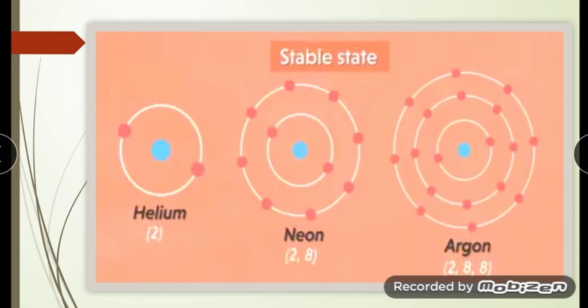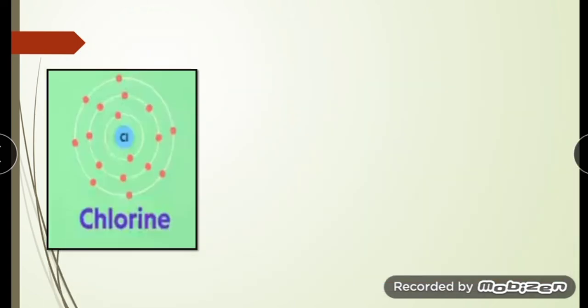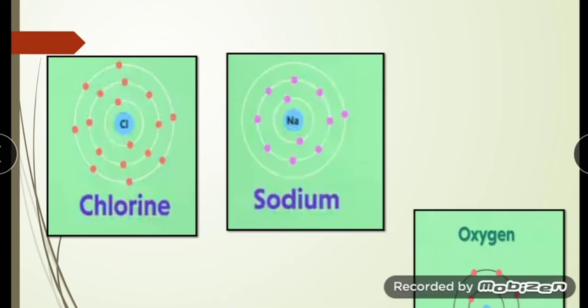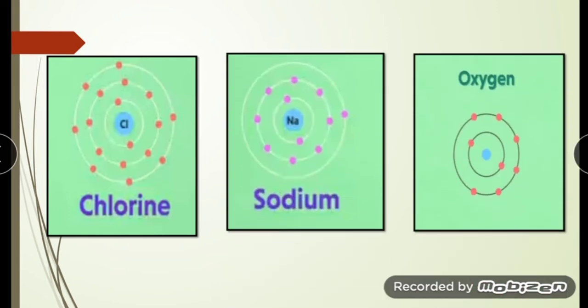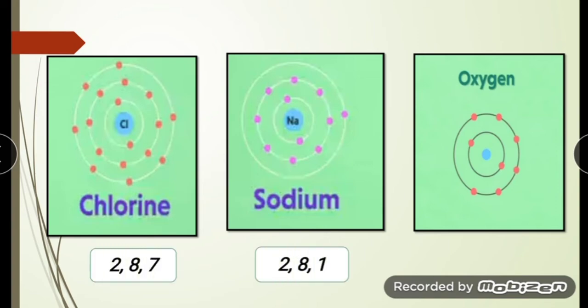But some other atoms such as hydrogen, sodium or oxygen have the electronic configuration as 1, 2-8-1 and 2-6. In all of these, the outermost shell does not have the octet state. That means they are unstable.